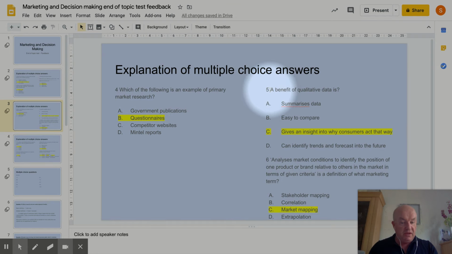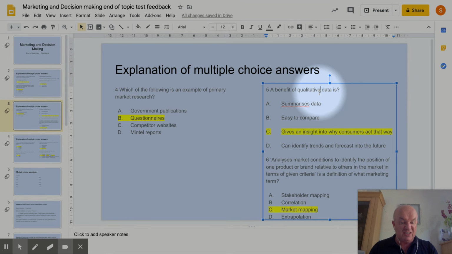So let's move on to question number 5 then. A benefit of qualitative data is: does it summarize data? Is it easy to compare? Does it identify trends and forecasts in the future? Well, that's the sort of thing that quantitative research will do. Again, it's very easy to compare quantities and changes in quantities, and it's quite easy to summarize data when you're talking about quantitative research.